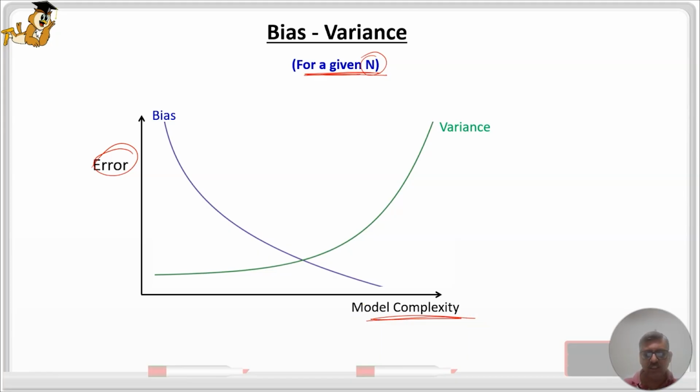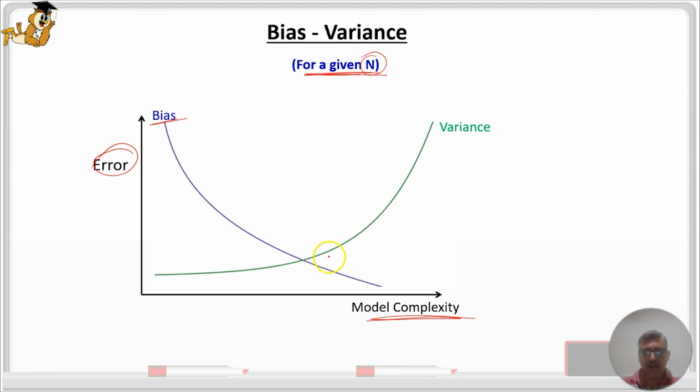And as we have seen in the previous several slides, as your model complexity goes up, your bias goes down, because the hypotheses that you have start inching closer and closer to your target function. On the other hand, as we have developed an intuition for in the previous couple of examples, your variance starts going up with model complexity.